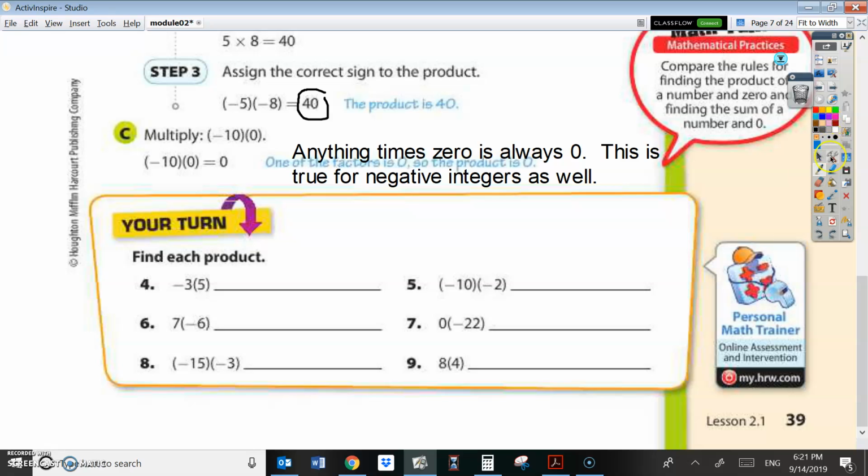Okay, so let's do some grouping here. We've got negative times a positive, that's going to be a negative something. Good things happen to bad people, and that's bad. Anything times 0 is always 0.